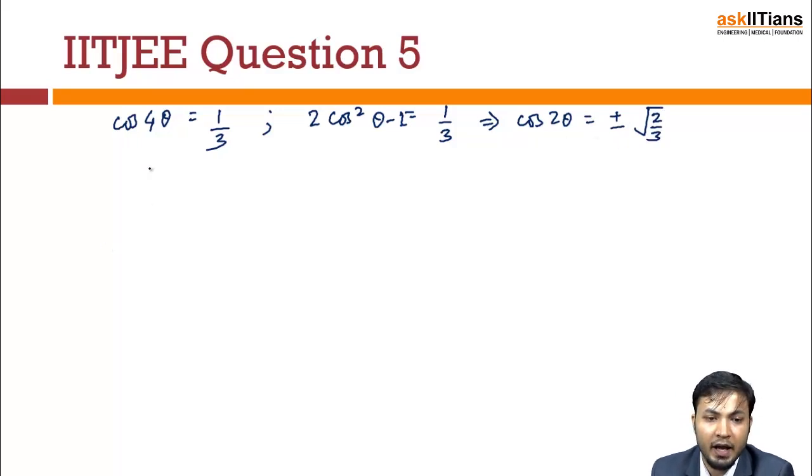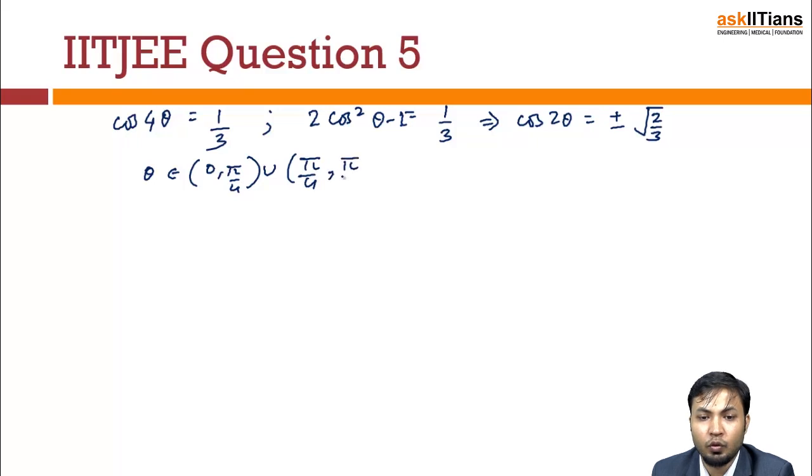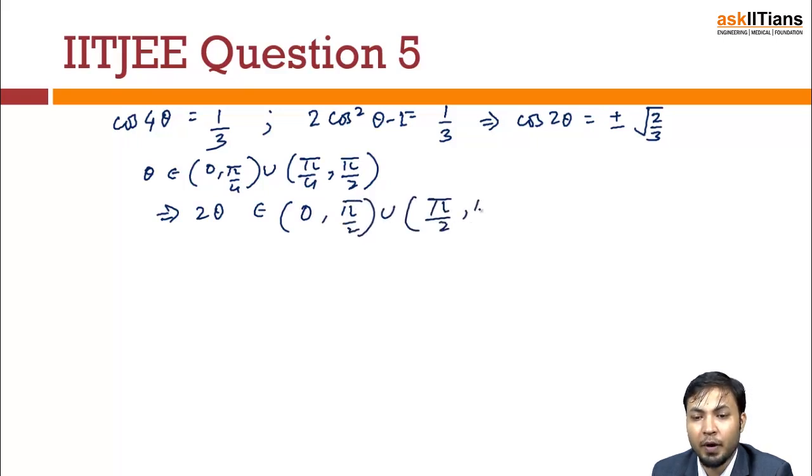Now I have my θ belongs from 0 to π/4 union π/4 to π/2, very small quadrants. So from this I can say that my 2θ will belong to [0, π/2] union [π/2, π], right, simple multiplication.